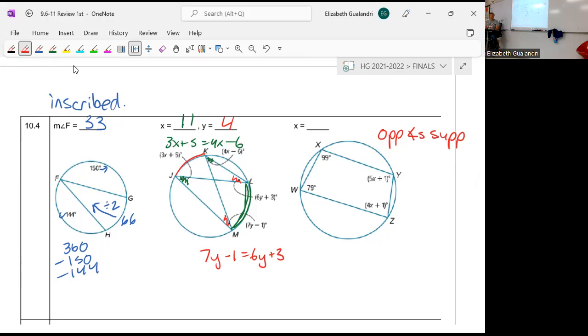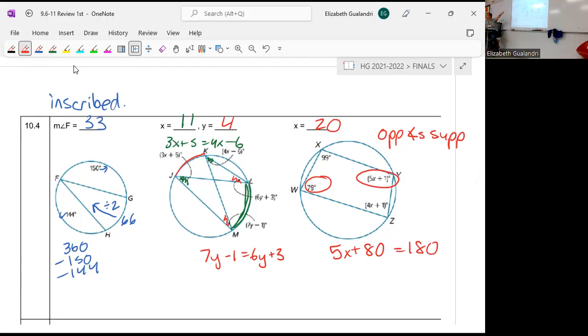But if you want to make it a little bit simpler, you can just pick one of them. So let's say I pick the 5x plus 1 and the 79. I can say that 5x plus 80, so I put 79 plus 1, is equal to 180 because they're supplementary. And then I can solve from there. And you're going to get that x comes out to be 20. Okay, so opposite angles are supplementary.